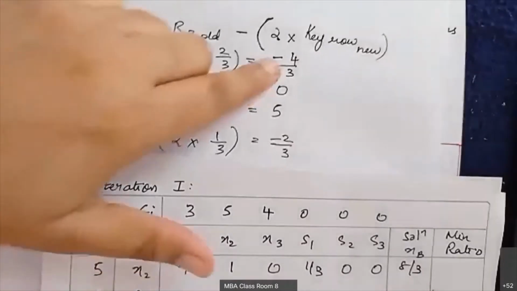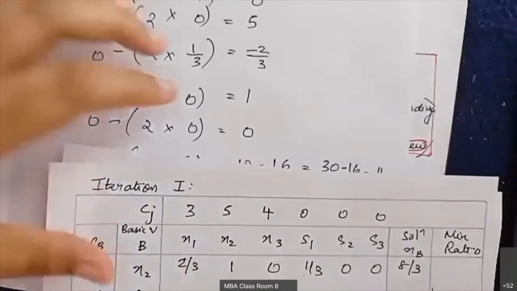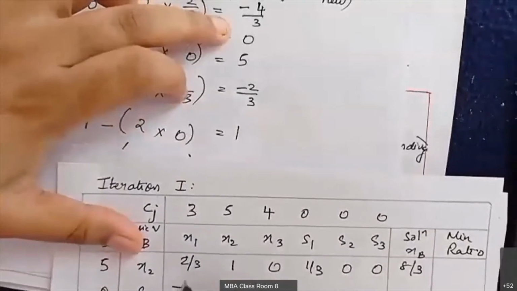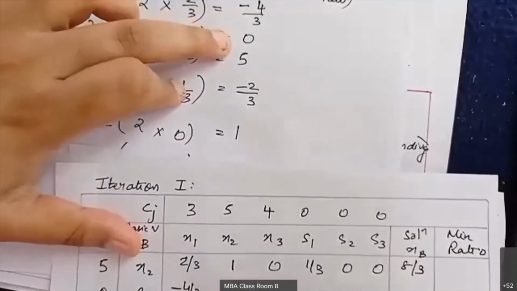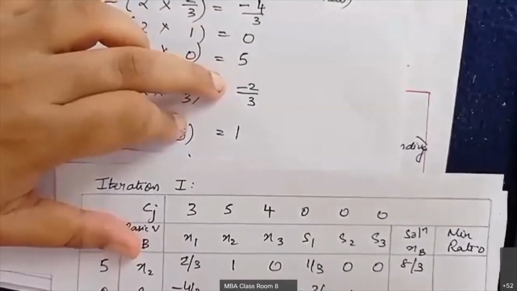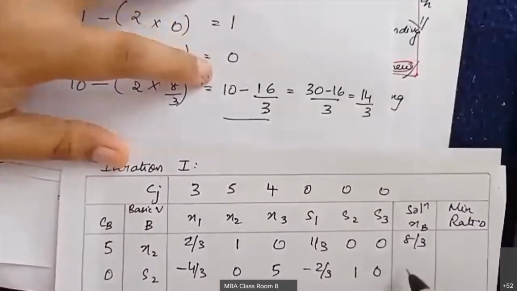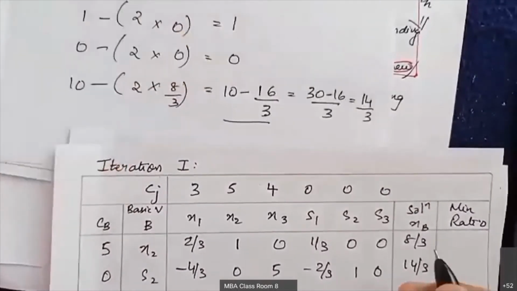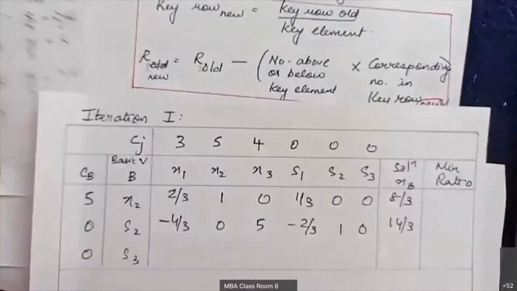Next one, R2 new is this one. So I'm going to write these values. Tell me the values: minus 4 by 3, 0, 5, minus 2 by 3, 1, 0, and 14 divided by 3. Now we have R3 new.